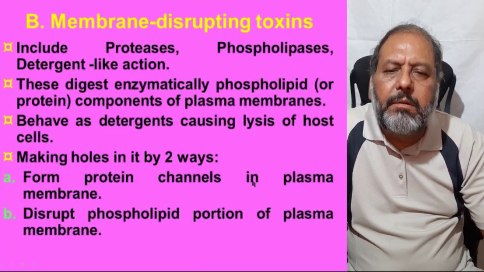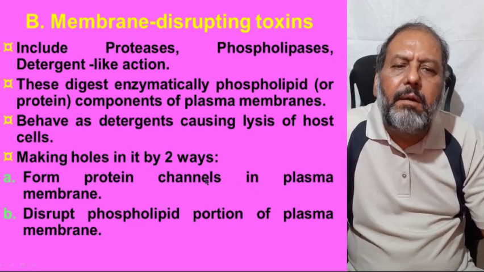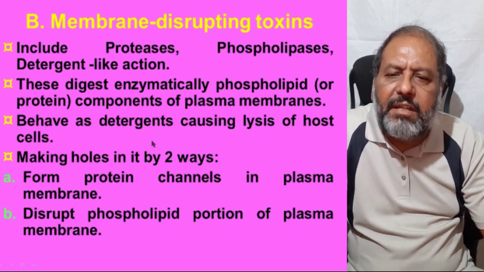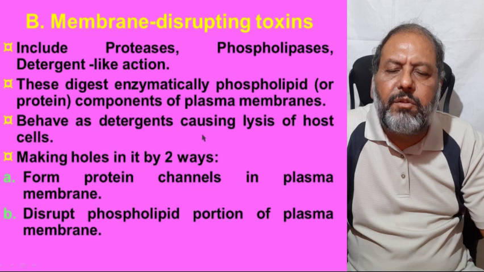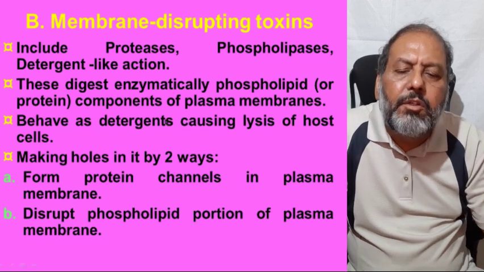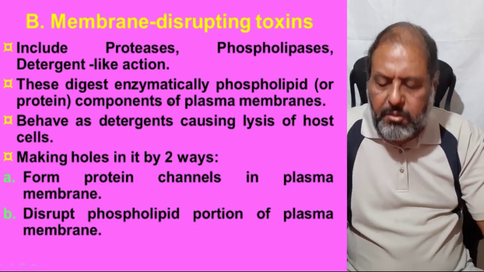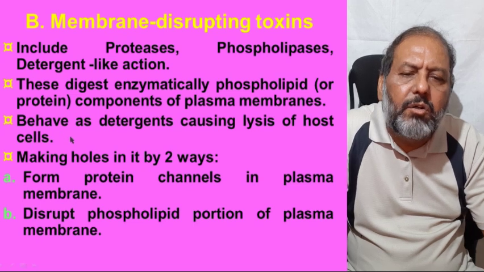The other type is the membrane disrupting toxin. These include proteases and phospholipases, which have a detergent-like action. These enzymatically digest the phospholipids or the protein components of the plasma membrane. So these make the way for the toxin and then the bacteria to enter inside the host cell.